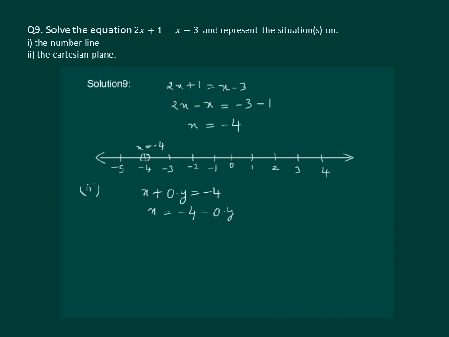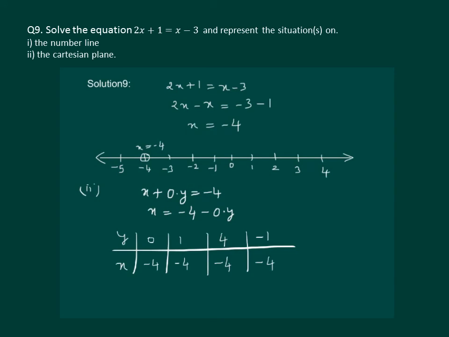Now this is a linear equation in two variables, so it will have infinitely many solutions, and we can construct a table. For any value of y, x will be minus 4, and now we can construct our graph by plotting these points.